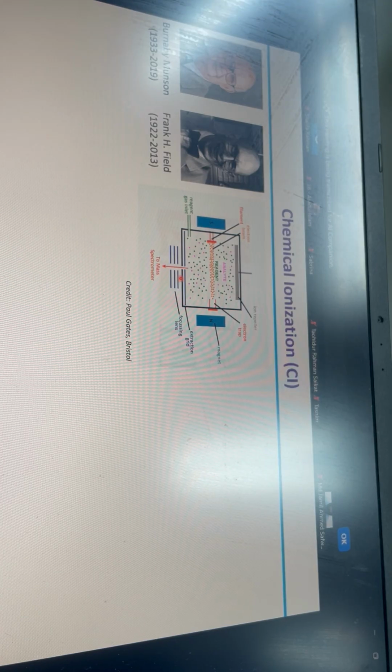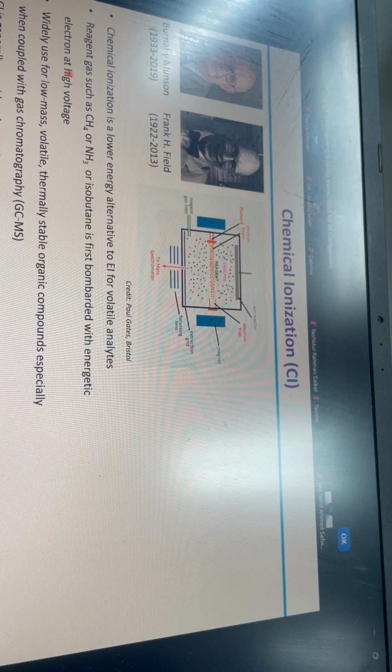That's why it's called chemical ionization. For reagent gas, they started using methane, ammonia, and isobutane, and this technique is still used in GCMS.